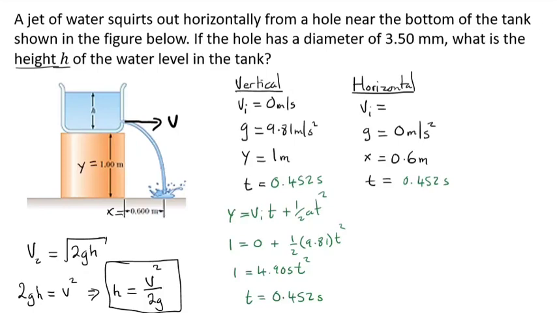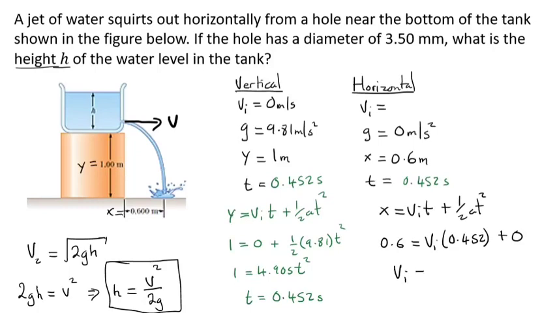using the same formula, x in the horizontal is equal to initial velocity times time plus half a t squared. So x is 0.6. The initial velocity, this is what we want, multiplied by time. Time is 0.452. Acceleration is 0, so this is just a 0 like this.